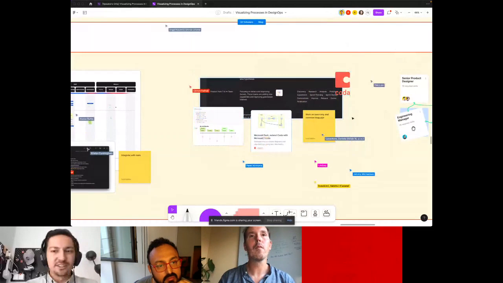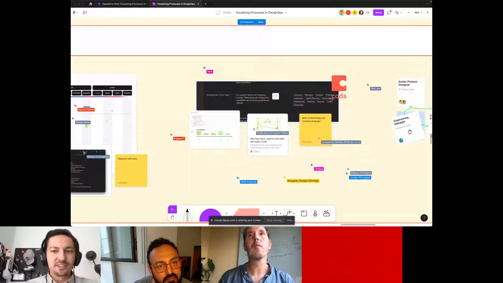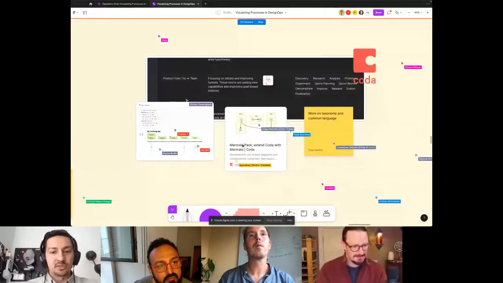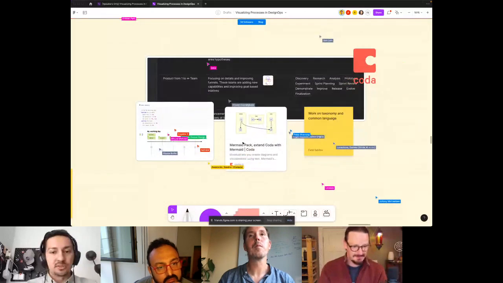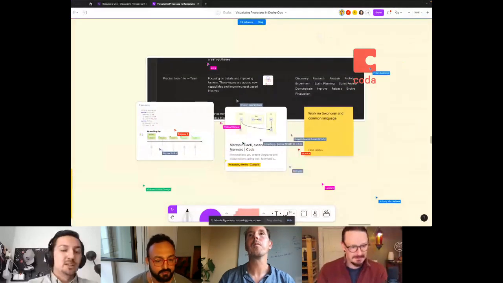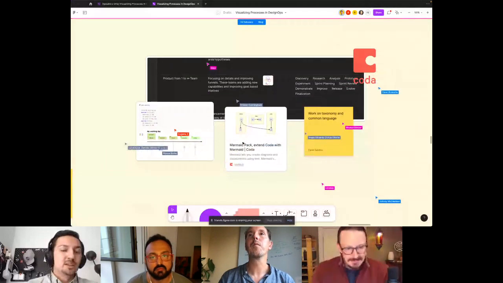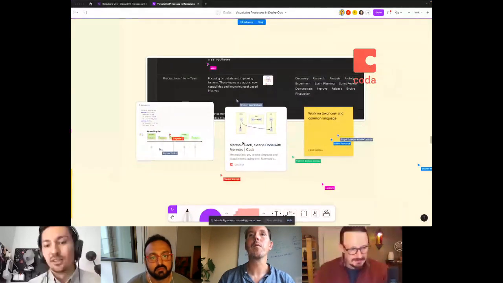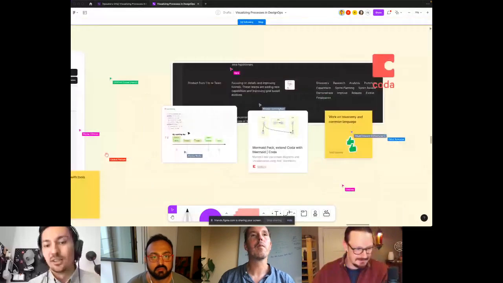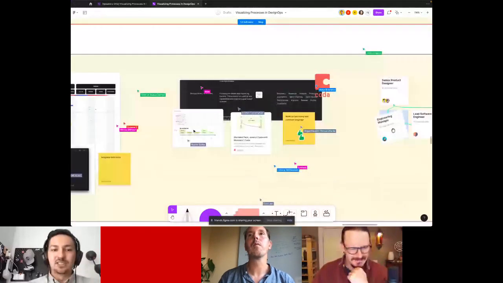In Coda, there are some interesting tags that allow you to not only document the processes but also visualize them, so you don't need to recreate such diagrams in different tools. You can visualize the process out of the text directly in Coda and export as SVG. They have user journey maps and different things as well.